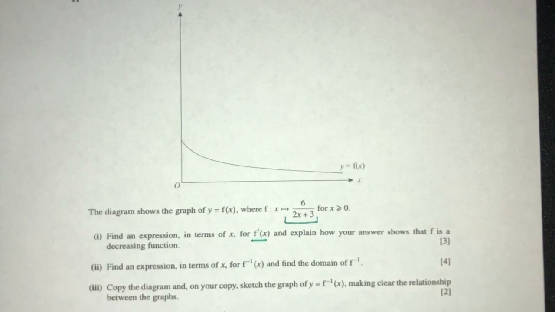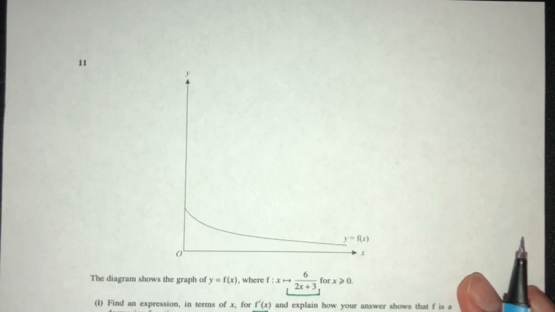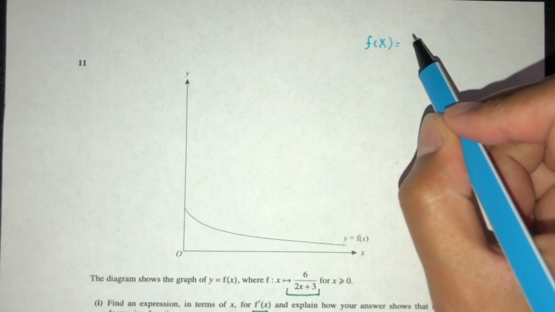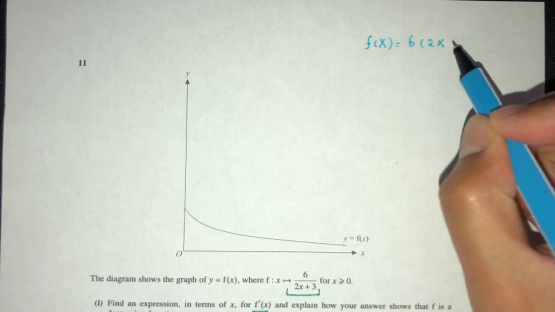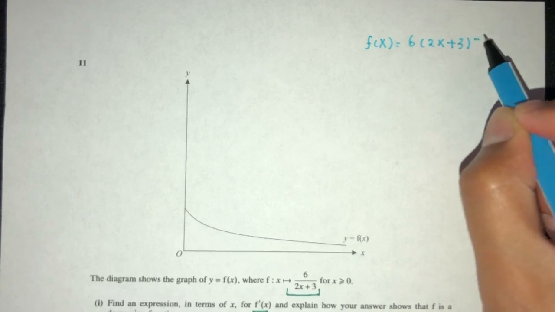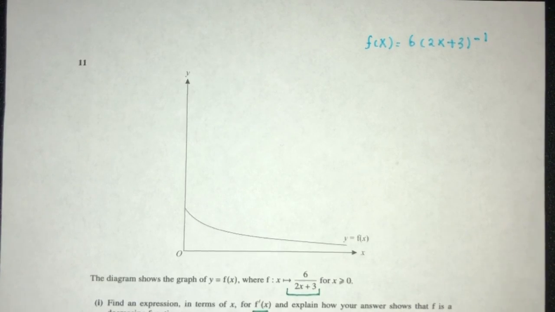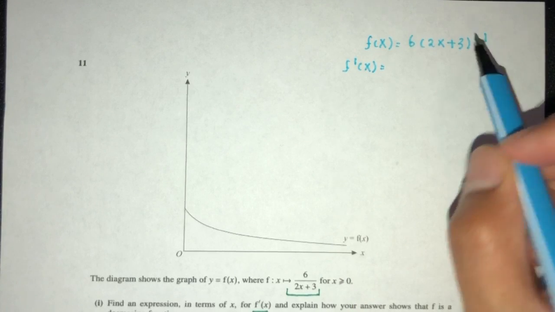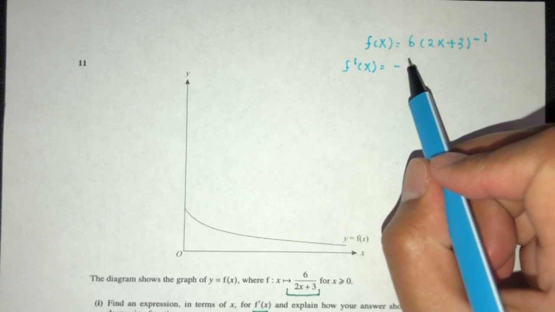So step by step. So what can we do now? First thing, we realize that I can rewrite f of x as 6 times (2x plus 3) power minus 1. Right, so now we can differentiate to find f prime of x. That will be first multiply by the power, that will be minus 6.